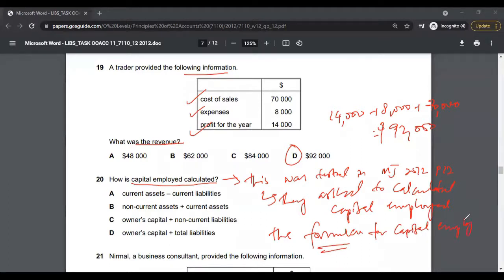That's the only difference, whereas the concept is the same. So the answer is option C, because it's owner's capital plus the non-current liabilities. If you remember, capital employed has two things: loan plus the shares or the capital, the owner's equity. Therefore, the answer to multiple choice 20 is option C.